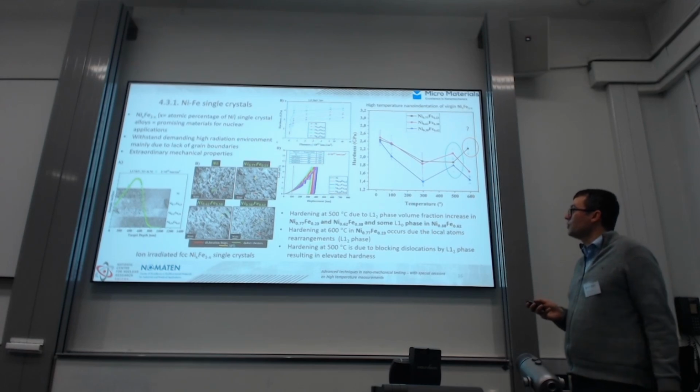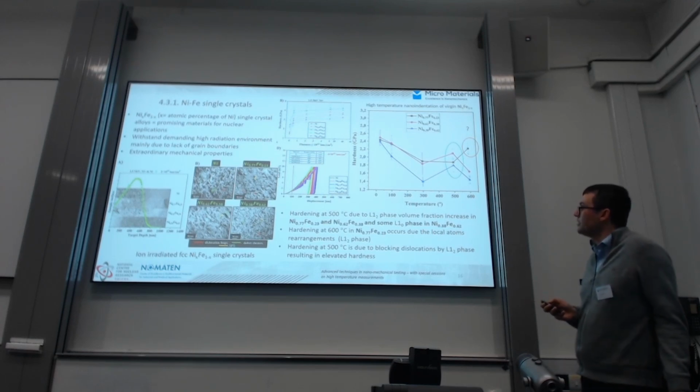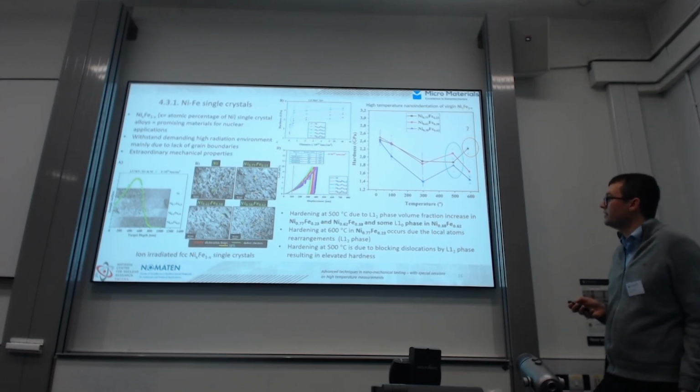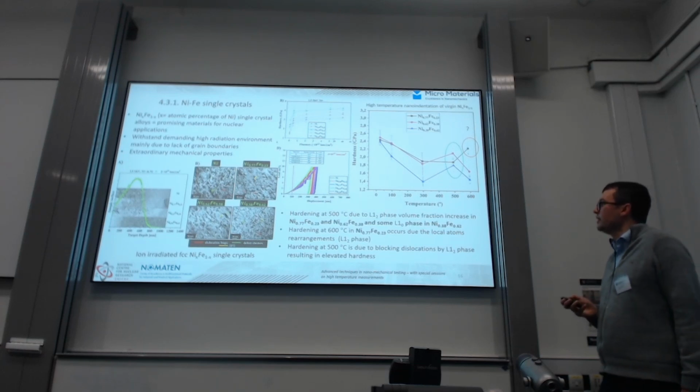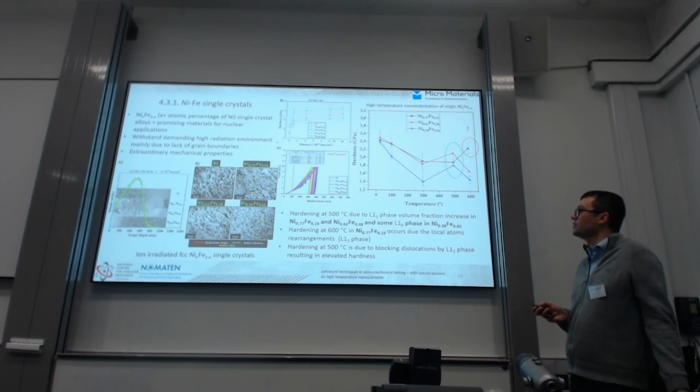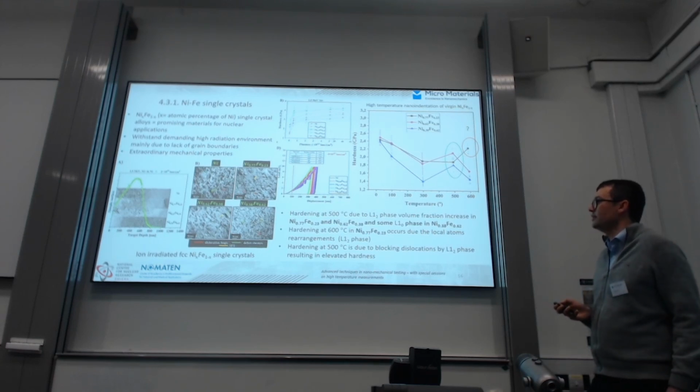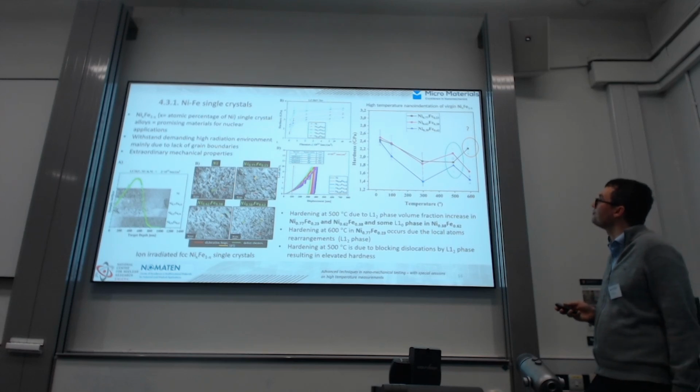And we perform also XRD and TEM studies, and we can conclude that at this temperature we have the transformation of phases. We have formation of L1 and L1_0 ordered phases that can increase the hardness because they block the dislocations.